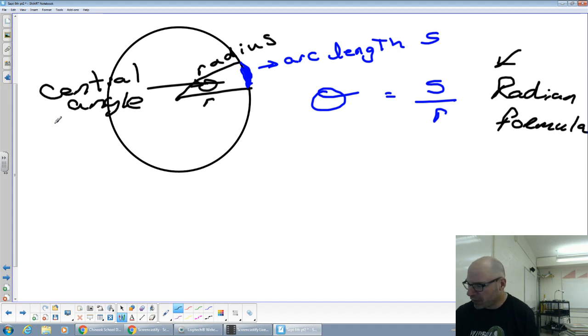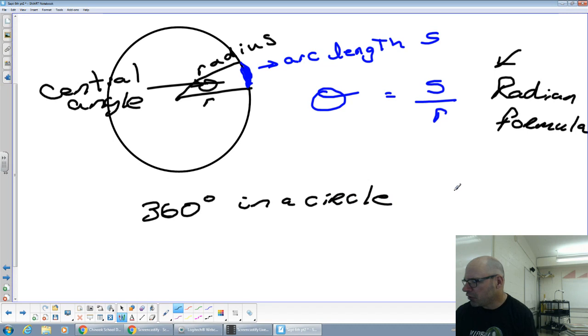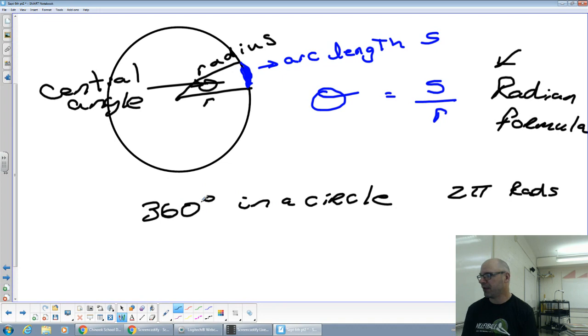So we know that there's 360 degrees in a circle, and we know that we have 2 pi radians in a circle. I'm just going to shorten it by saying rads. There's no symbol for rads, like degrees has a little symbol. If you see just a number without any symbol like that, then we assume that's in rads.